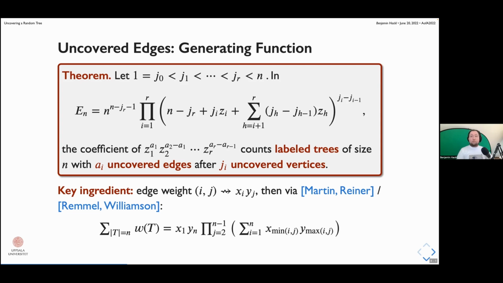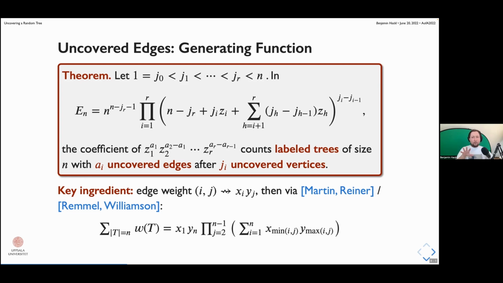And this is quite useful because we can adopt this strategy of assigning weights to the edges in the sense that benefits us. Because what we know is that whenever an edge is uncovered, whenever the endpoint with the larger index is uncovered, the yj's play a particular role.